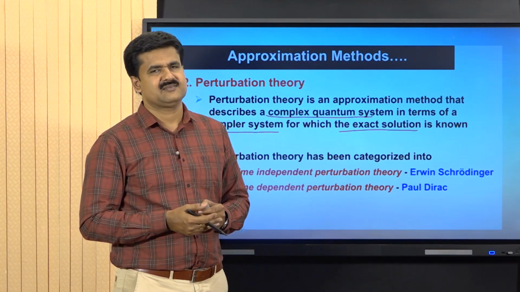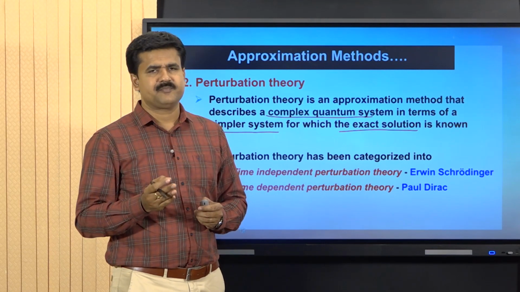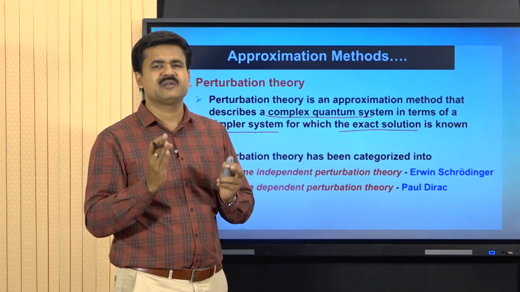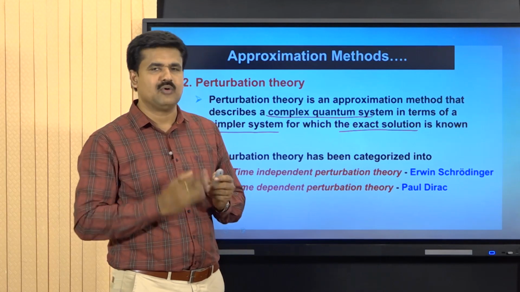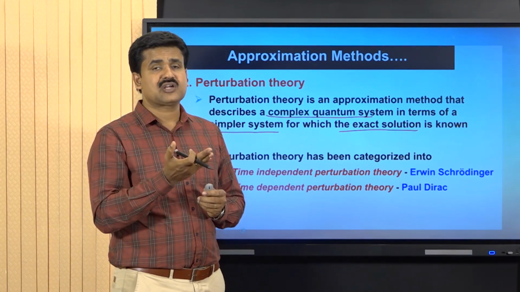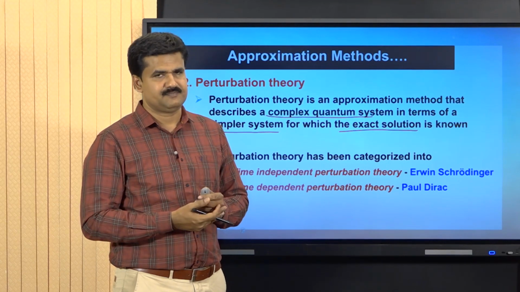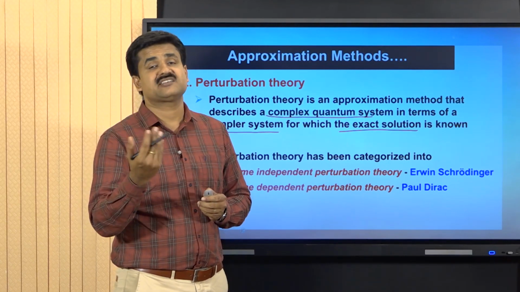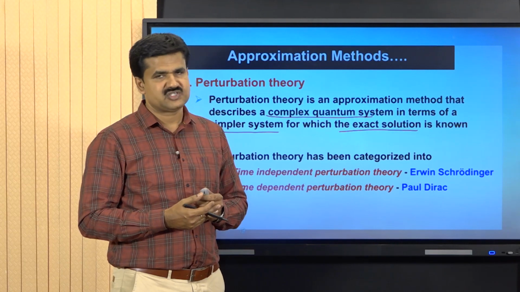For instance, suppose we have a particle in a one-dimensional box with a slanted bottom. A slanted bottom is a modified system where there is no direct solution in quantum chemistry.